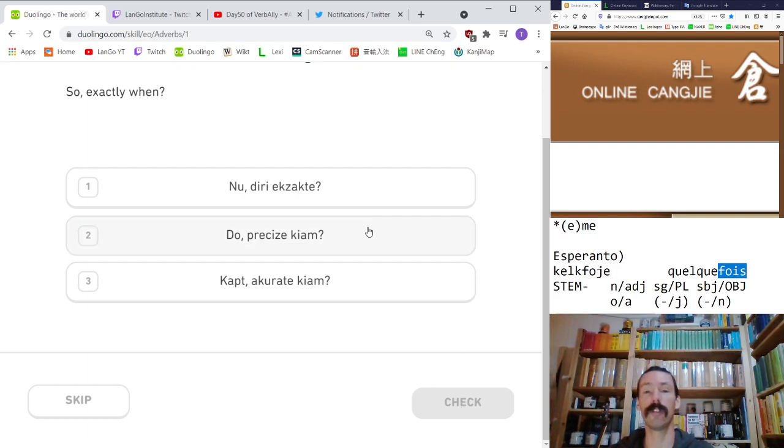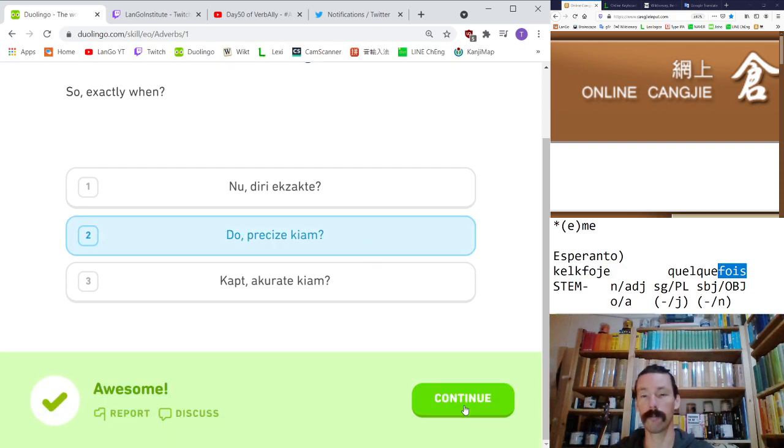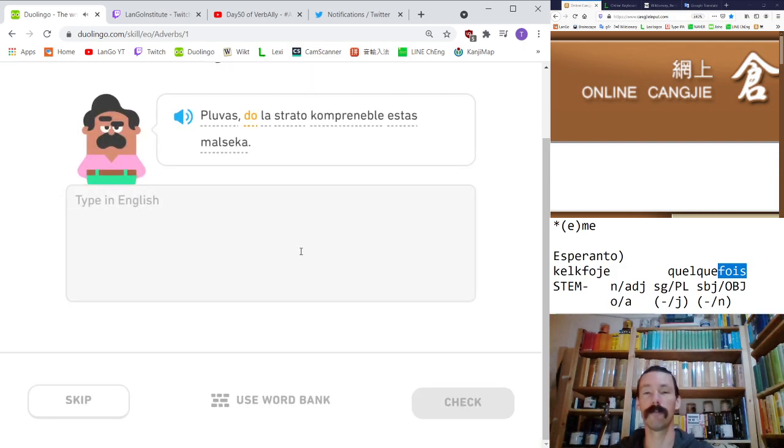Precise. Do precise kiam, when. Pluvas, do la strato compreneble estas malseka. It's raining, so of course the street is wet. Present.